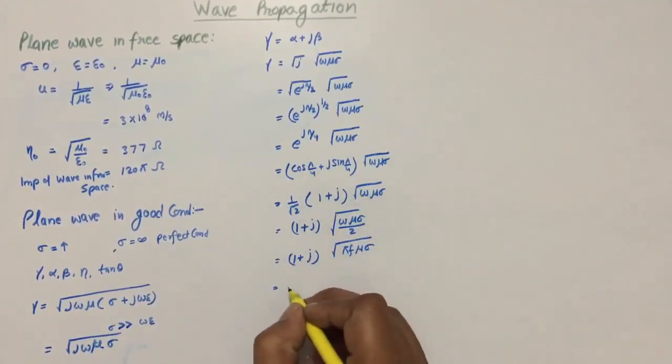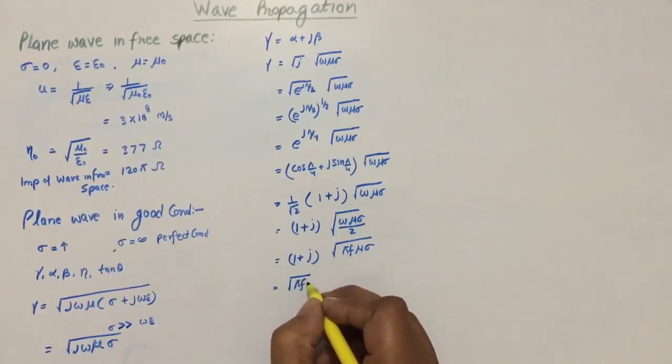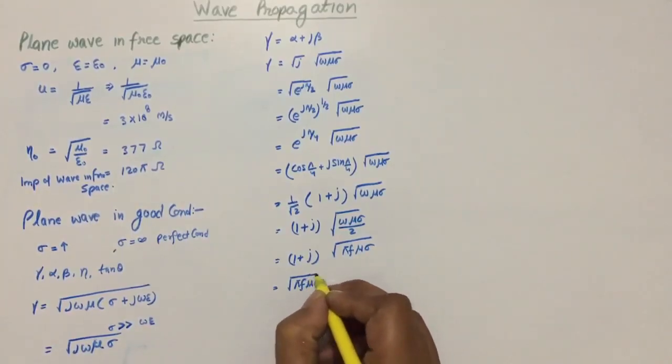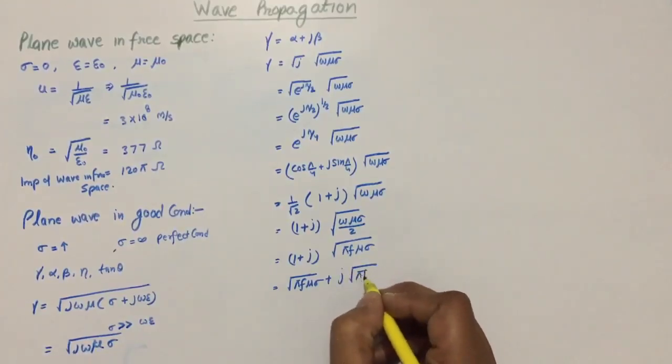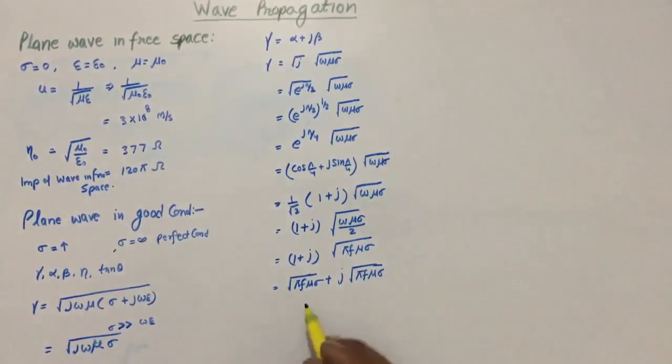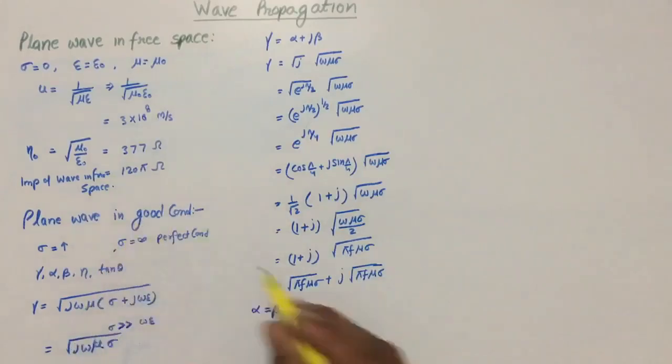For that purpose, we will open the bracket. That will be root of pi f mu sigma plus j root of pi f mu sigma. Okay, what we find here, this is alpha and this is beta. So we find that alpha and beta are equal. That is for a good conductor.